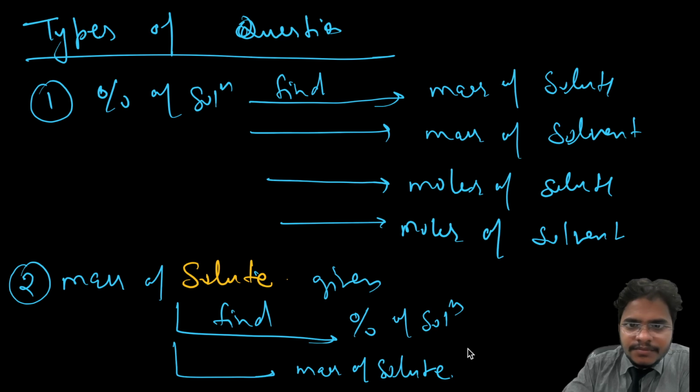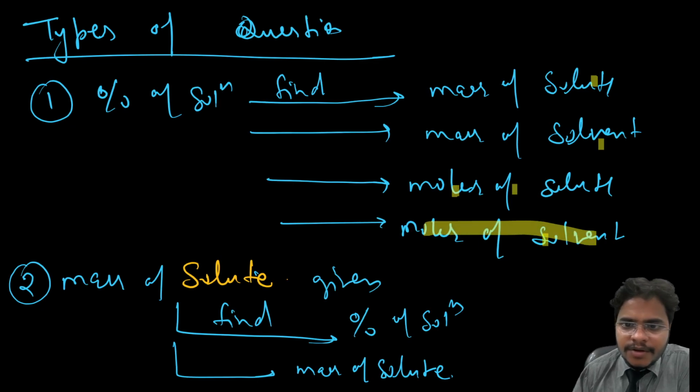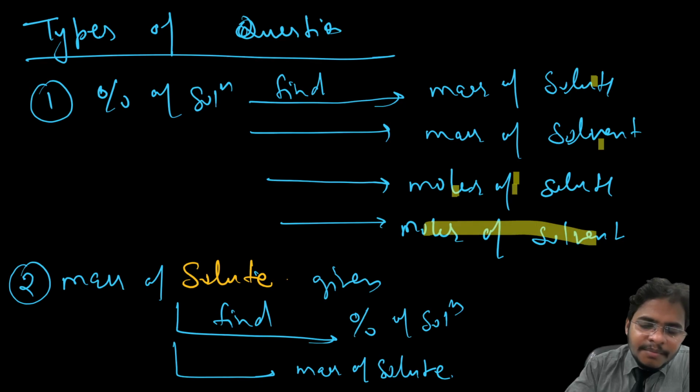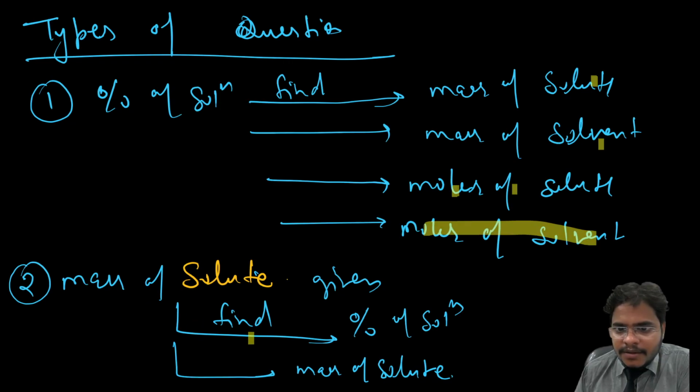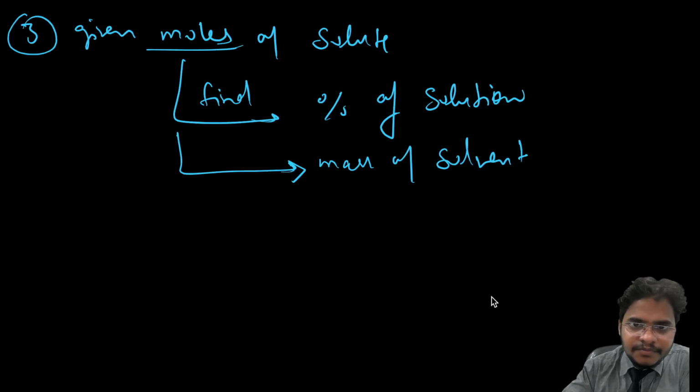Type of question: the percentage of solution is given and it asks the mass of solute, mass of solvent, mole of solute, mole of solvent. And in the question, if the mass of solute is given, then it finds the percentage of solution, mole of solute, and mass of solvent also.